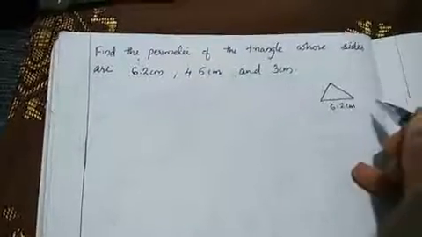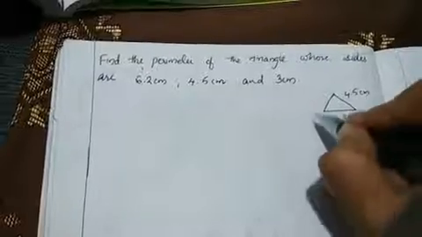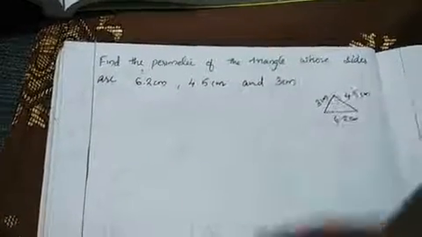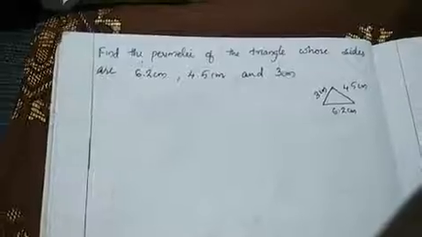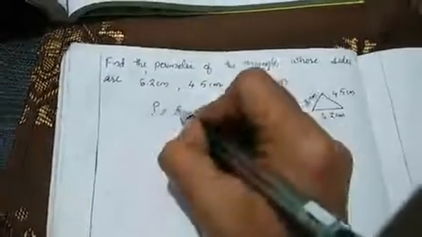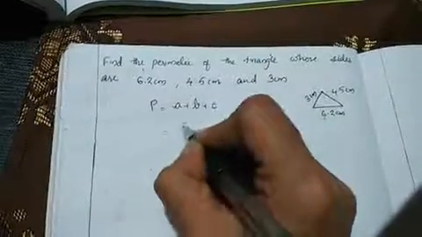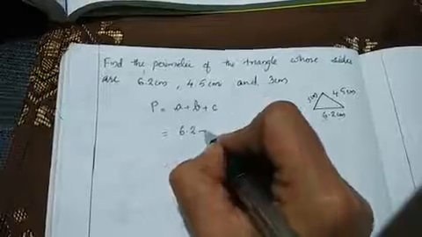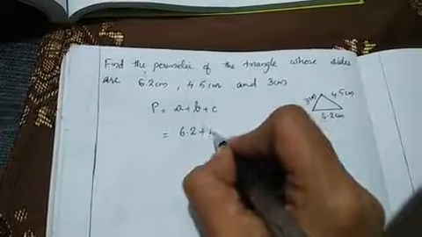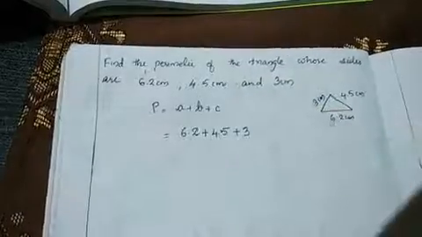First side is 6.2, second side is 4.5 centimeter and the third side is 3 centimeter. How will we find the perimeter of the triangle? P equal to A plus B plus C. Okay. So A 6.2, B 4.5 and C 3 centimeter.